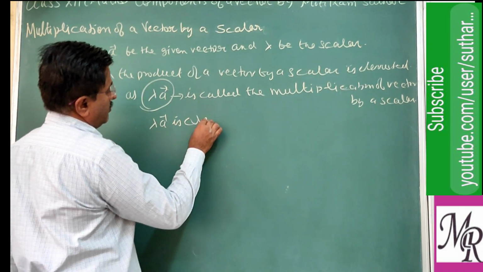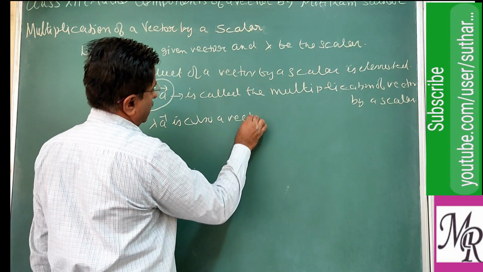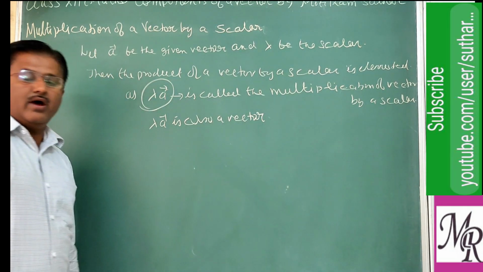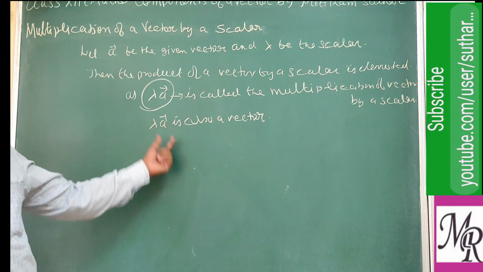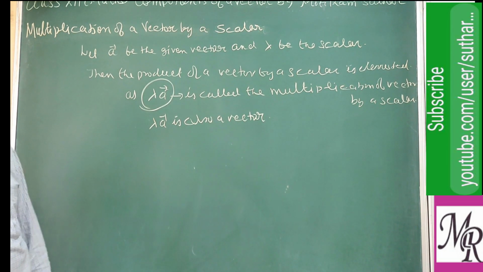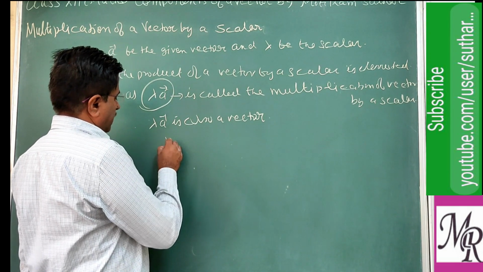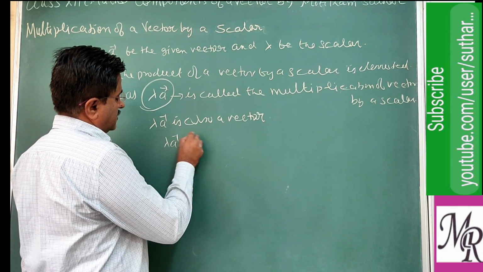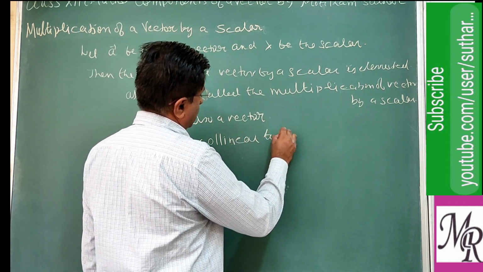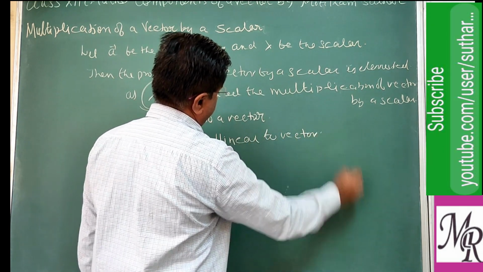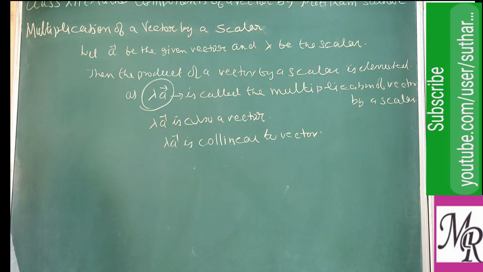So the product of a vector by a scalar gives again a quantity which is also a vector and collinear to the vector A. We already saw the definition: collinear means parallel, both are parallel.